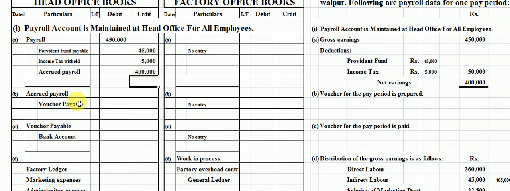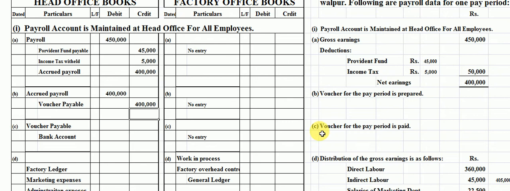For this purpose, we have to debit the account accrued payroll, 4 lakh rupees, and the voucher payable is prepared against accrued payroll, which is the amount of 4 lakh rupees here. Now students, this is the B transaction which has been passed in the book of head office.